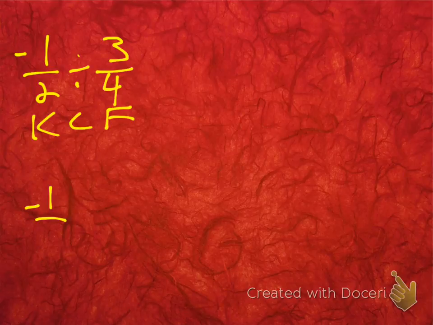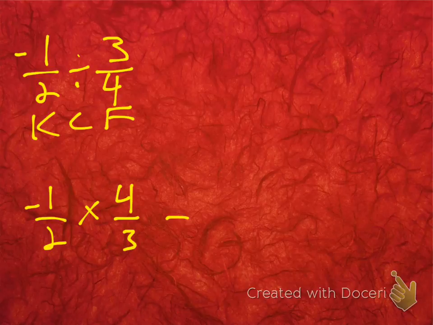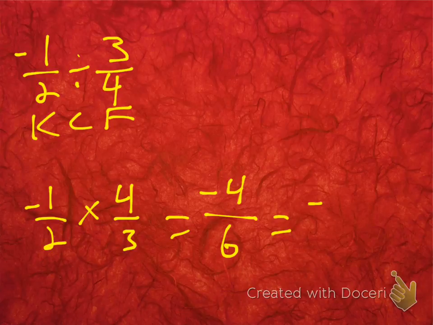Keep the negative 1/2, change the division to multiplication, and flip 3/4 to 4/3. Now I can go back to top times top, bottoms times bottom. What's negative 1 times positive 4? Negative 4. The signs are different, so my answer is a negative. What's 2 times 3? 6. That reduces to negative 2/3.